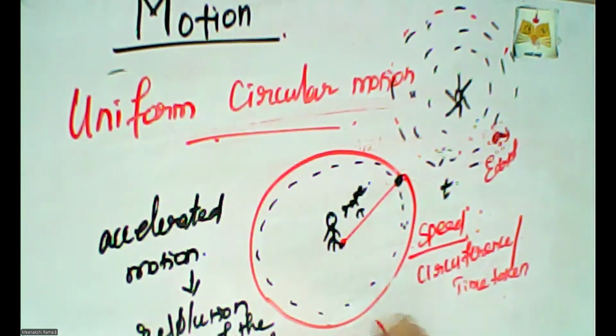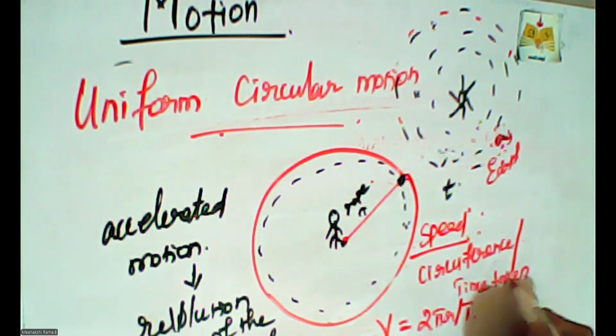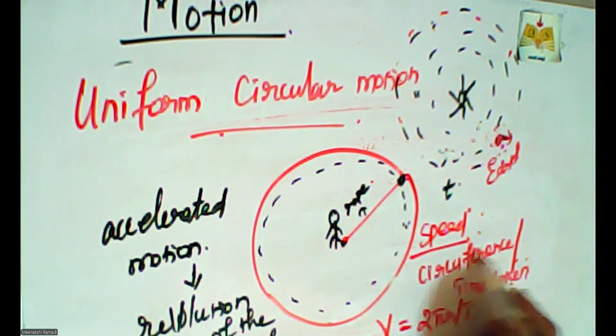Speed we denote by the letter V. Circumference, yes. The circumference of a circle is 2 pi r. Yes, 2 pi r by time taken. Circumference divided by time taken.